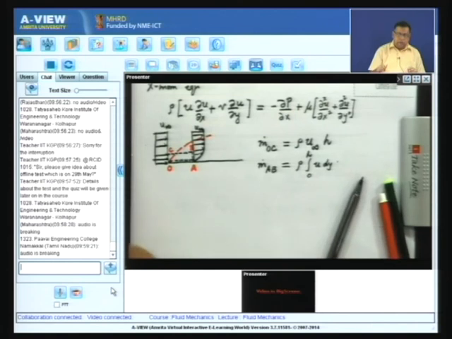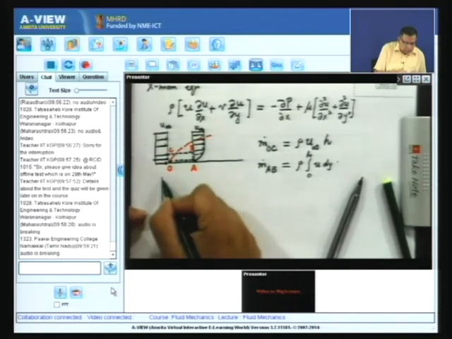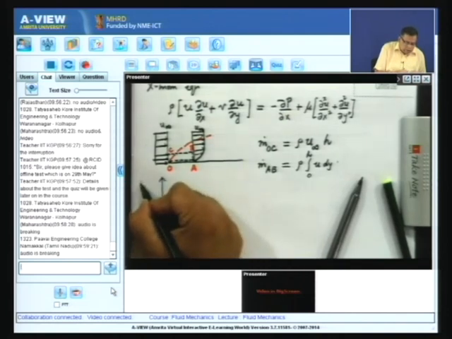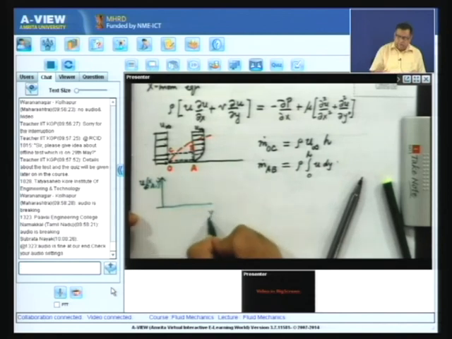The reason being, if I plot the velocity profile, u of x a comma y, let us say, versus y.